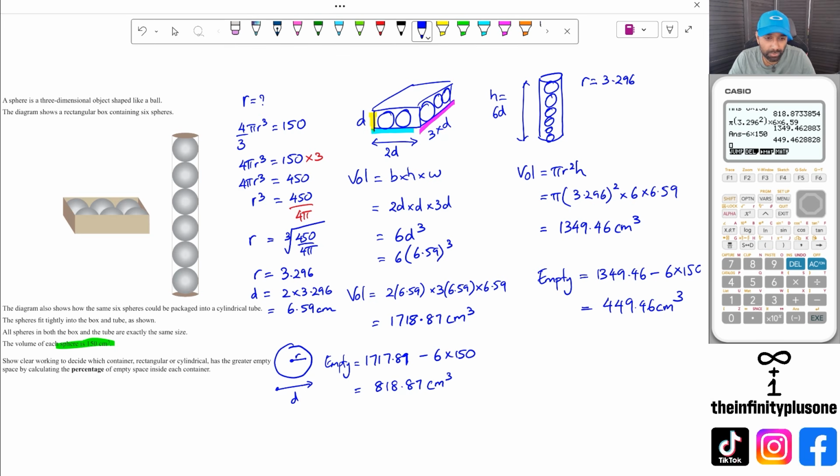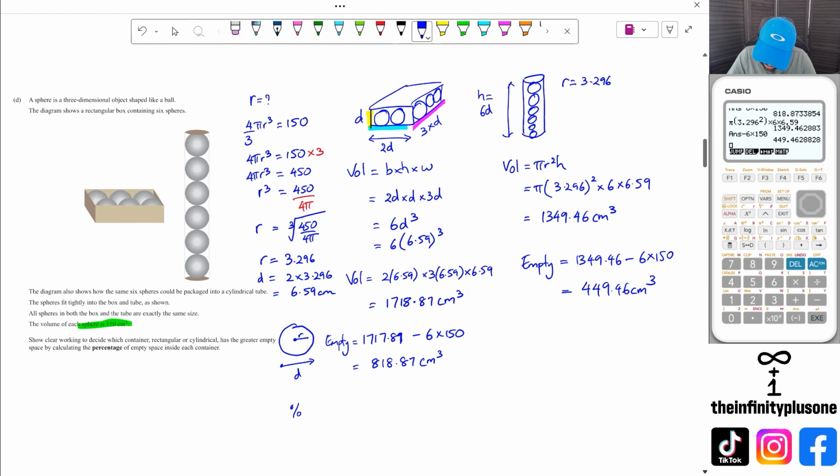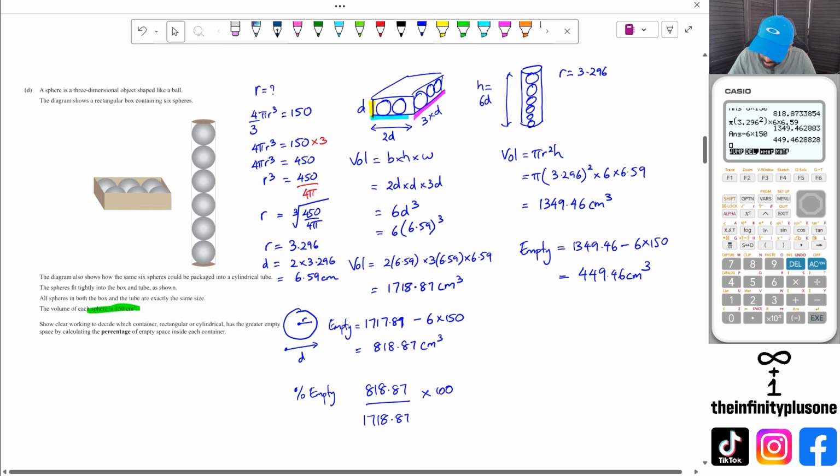But if we look at the question, so far we've figured out which one has the greater empty space, but we've got to calculate the percentage of empty space inside each container. So if we want to work out the percentage, we go percentage empty. Here we've got 818.87, divided by the volume of the cuboid, which is 1718.87, and we multiply it by 100.